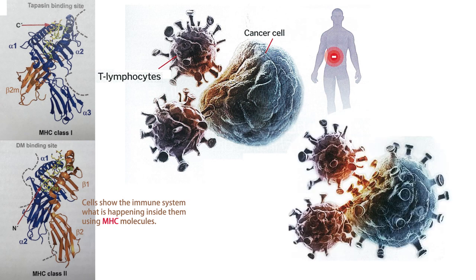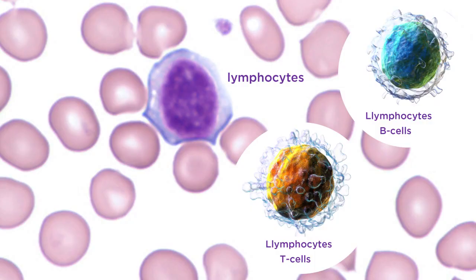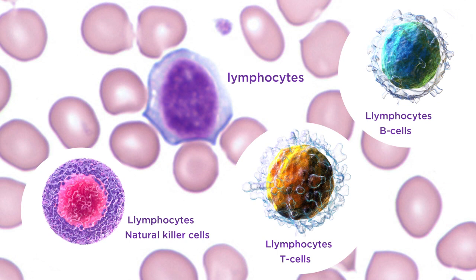T cells come and attack diseases such as viruses and tumors once the MHC detects which cell is going wrong. Regulatory T cells ensure the immune system returns to normal after an attack, and at the same time, natural killer cells aid the T cell response by also attacking virus-infected or tumor cells.